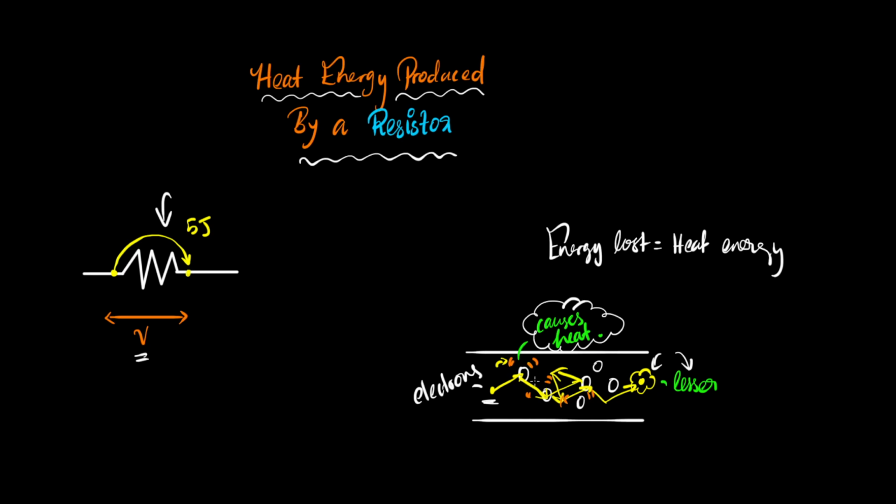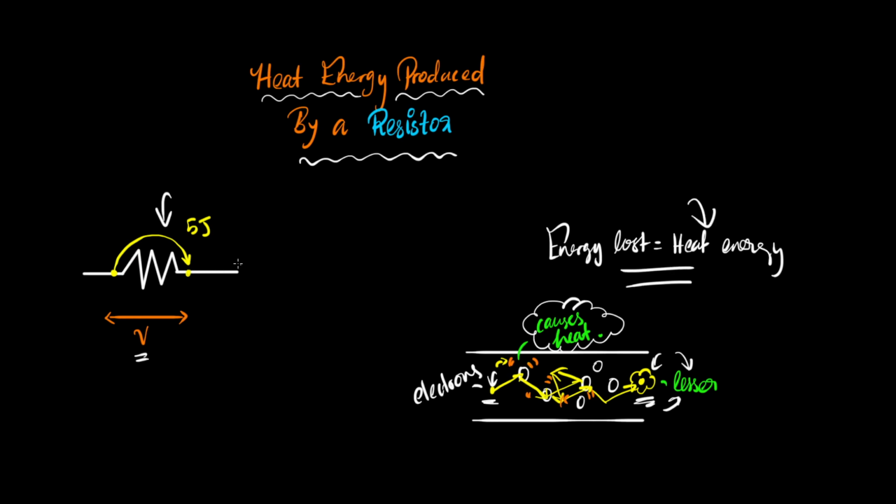The same electron, in a collision course, producing a lot of wiggling and losing a lot of energy, will have much less energy at this point than here. So energy is being lost as heat. Energy lost is basically heat energy.